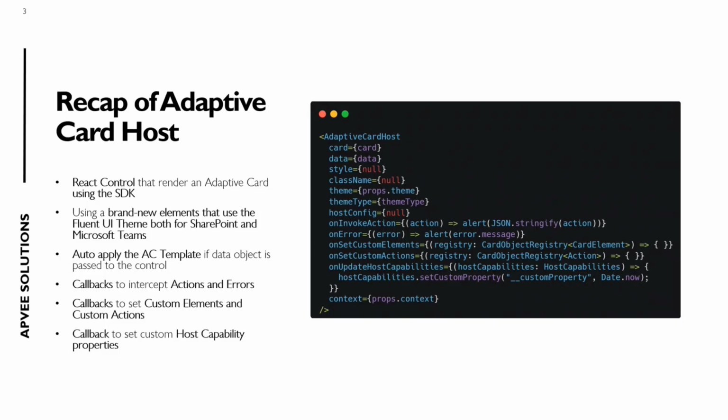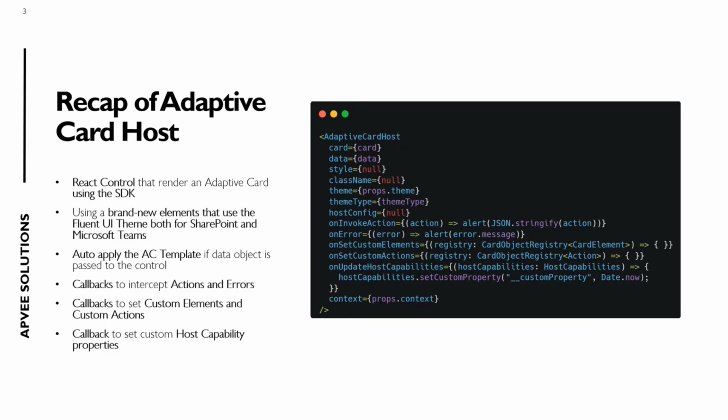It's a control that takes the adaptive card payload, the object data, and merges them by using the adaptive card template extension. So it creates the card and then renders it inside a web part, for example. There are different kinds of properties that you can use.